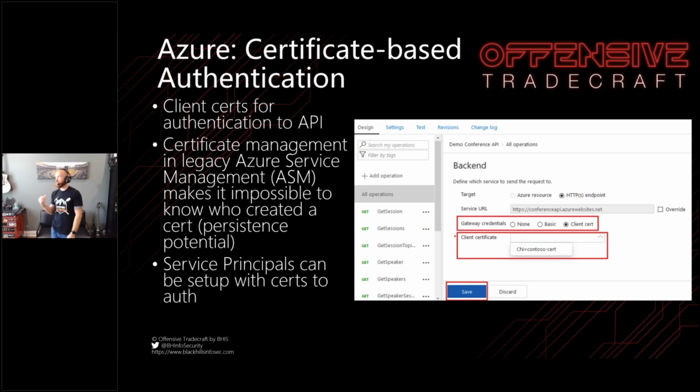Historically, back when you had Azure Classic or Azure Service Management, you would create these management certificates, and these management certificates could be utilized to authenticate. They've since done away with that in place of service principals. Since they've changed from Azure Service Management over to Azure Resource Manager, you no longer have the management certs anymore. But you can still set up service principals to auth with certs.